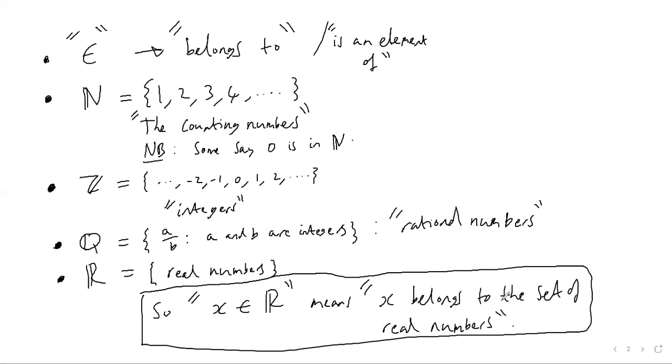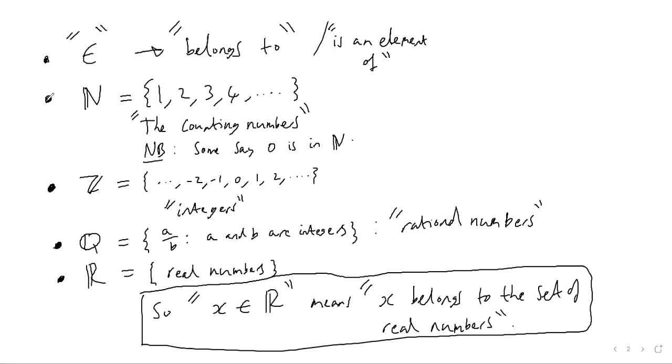In other words, X is a real valued number. And this capital R just means the set of real numbers. Examples of real numbers would be the number 1, the number 0, the number pi, the number e. Any number, whether it be rational or irrational, is a real number.